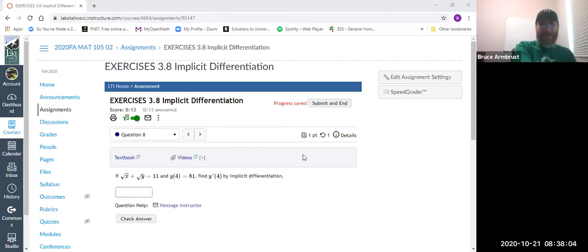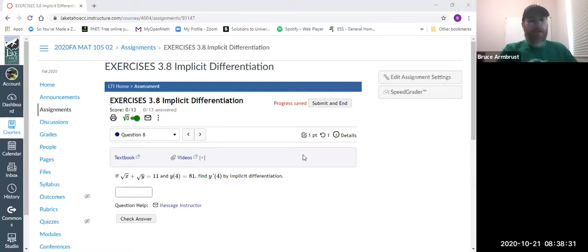All right. So well, that bought us enough time, at least. Here we are. So for 3.8, number 8, we've got square root of x plus the square root of y equals 11. We know y of 4 equals 81. And we want to find the derivative at 4.